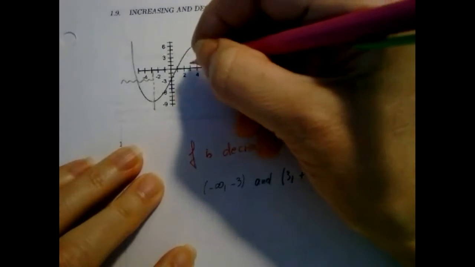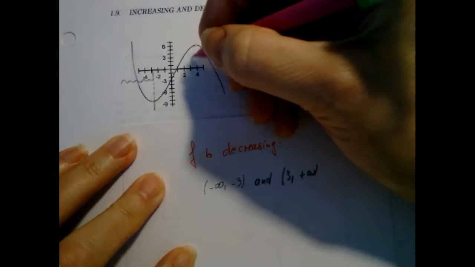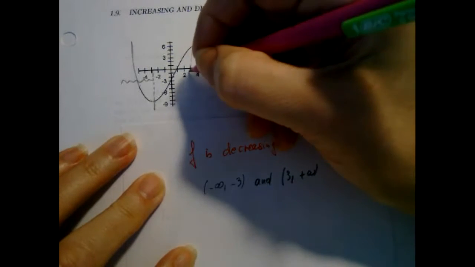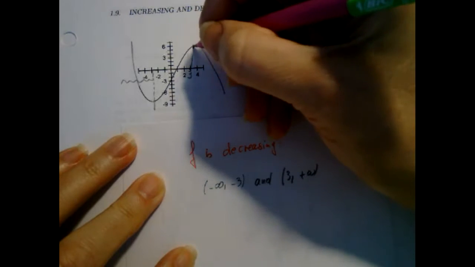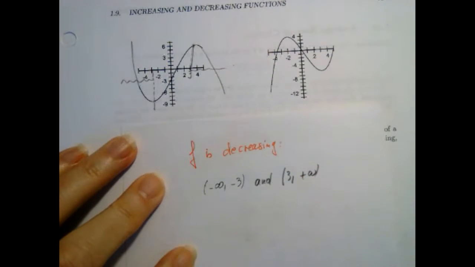This is the 3 up here, so it's not crystal clear. So we'll accept 3. Almost, if you say 4, I will accept it. Up to here, it is decreasing.